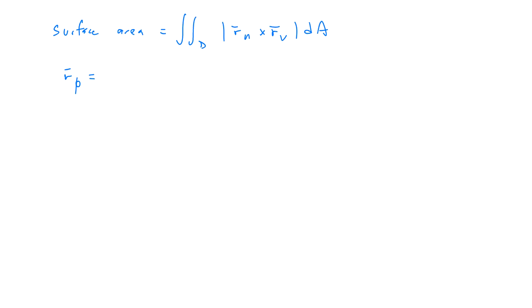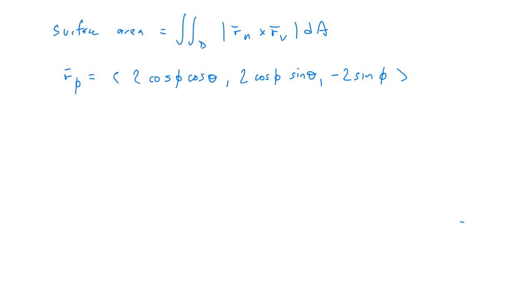So x is equal to 2 sine phi cosine theta. Therefore its derivative with respect to phi becomes 2 cosine phi cosine theta. Same type of thing for y, and same type of thing for z.